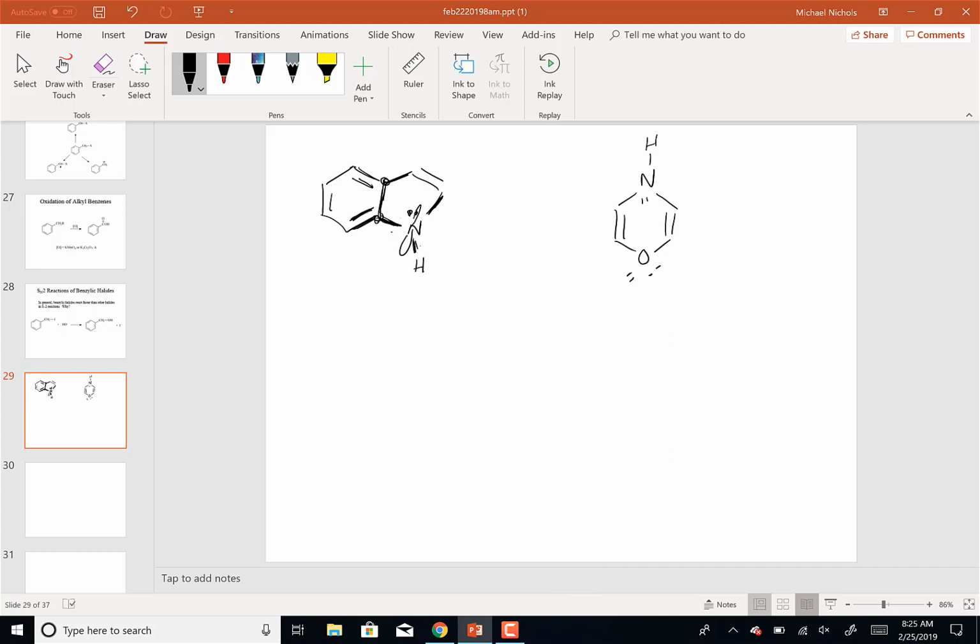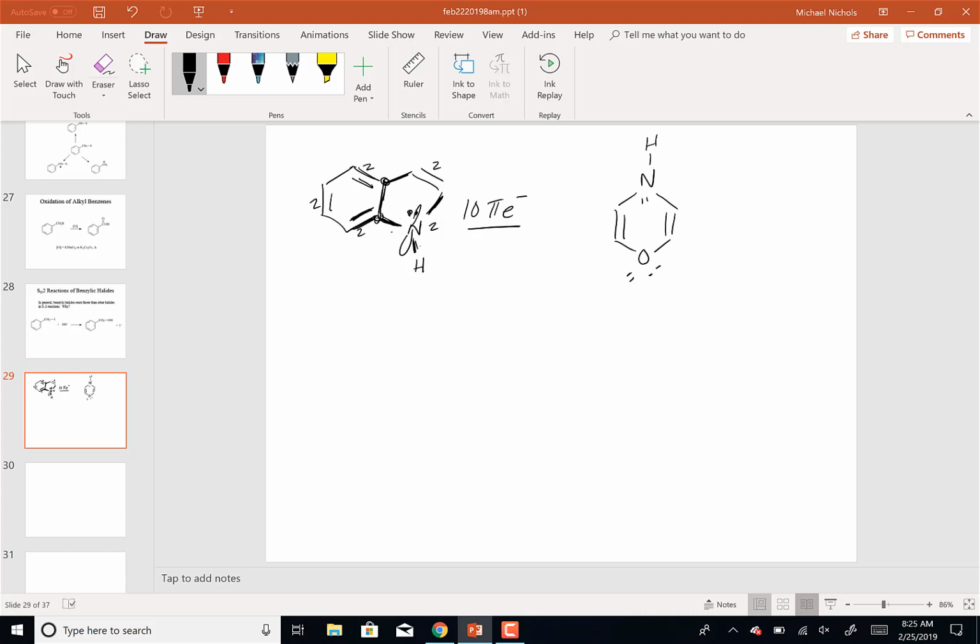So how many pi electrons does this have before nitrogen? It's got 2, 4, 6, 8. And if nitrogen's pair now becomes part of the pi system, it's got 10 pi electrons. Does 10 obey Huckel's rule of 4n plus 2? Yes.